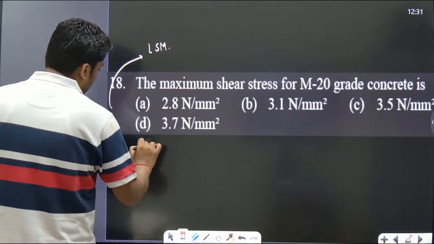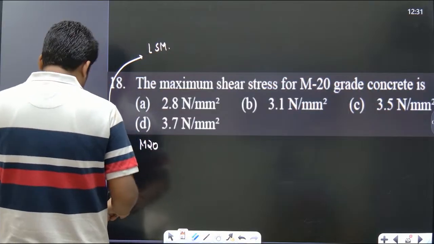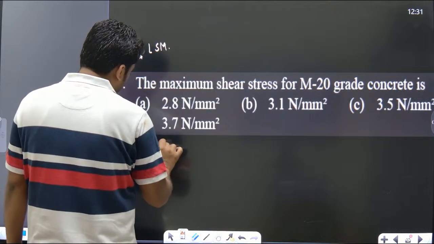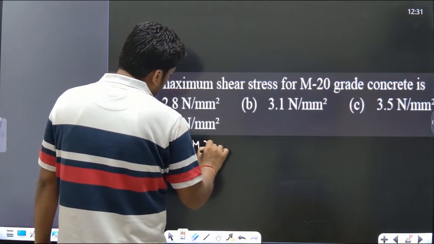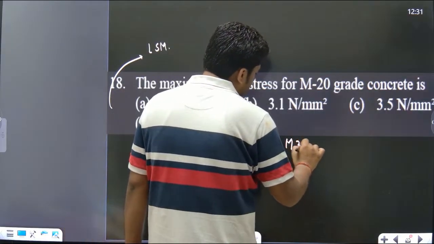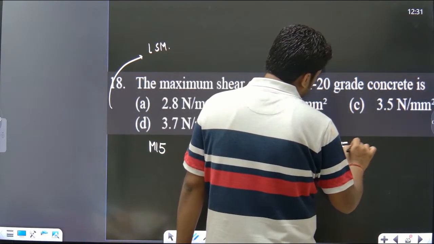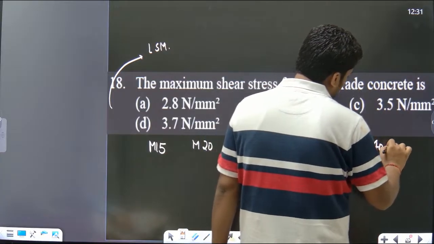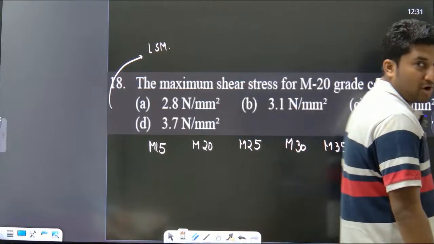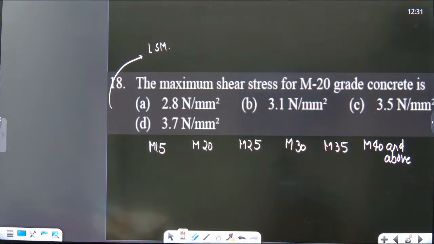So grade is M15, M20, M25, M30, M35, M40 and above. Yes or no?